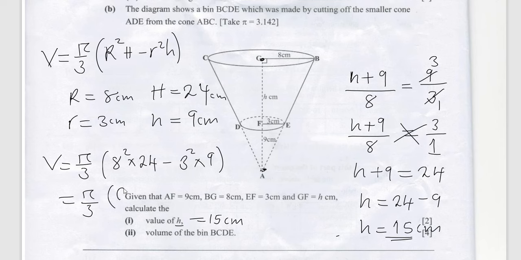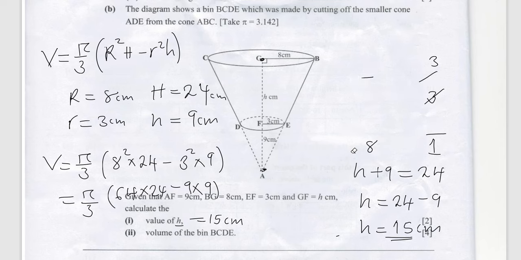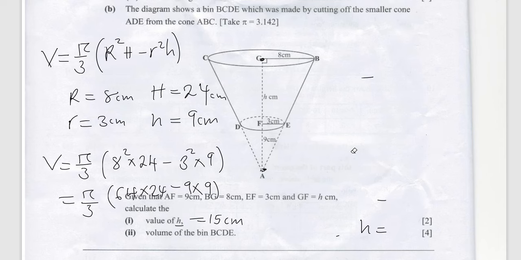So 64 times 24, minus 9 times 9. Let me erase, I'm running out of space. From this stage we have pi over 3, open bracket, 64 times 24 minus 9 times 9.